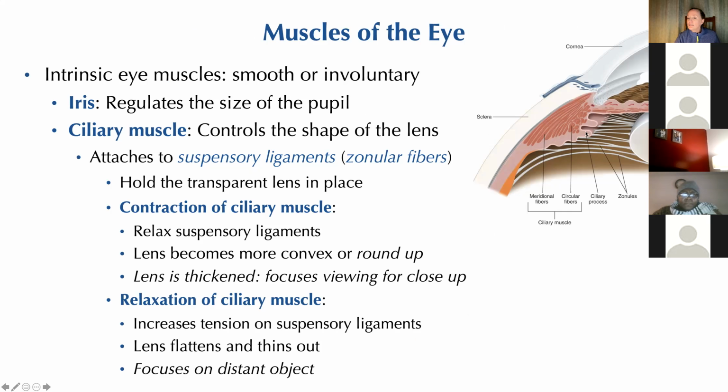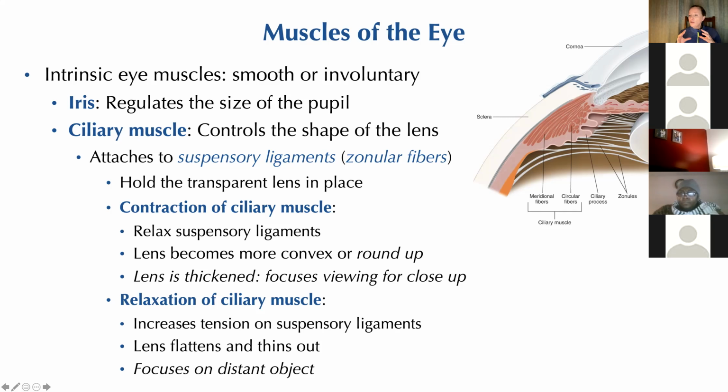And when this muscle is relaxed, okay, these fibers here are tight and it pulls and flattens out the lens, all right? When this muscle constricts, the muscle actually kind of bulges inward and then these zonular fibers actually kind of loosen up and that enables the lens to kind of fluff up and get thicker.